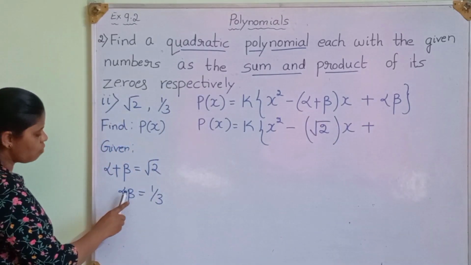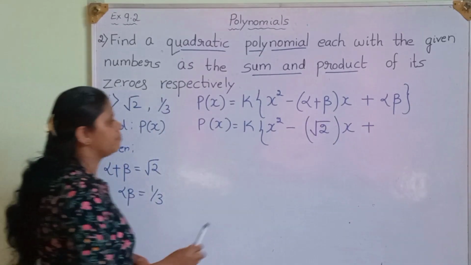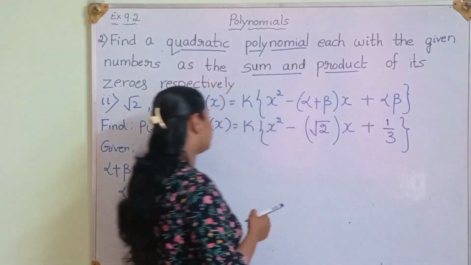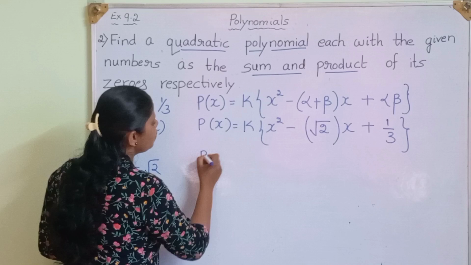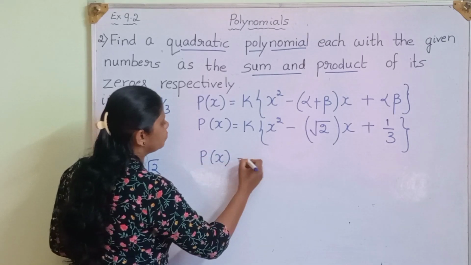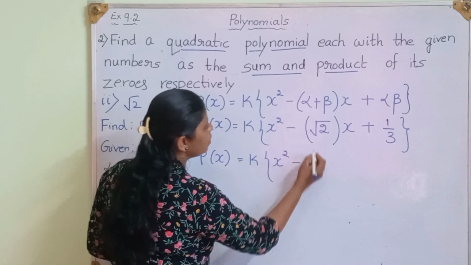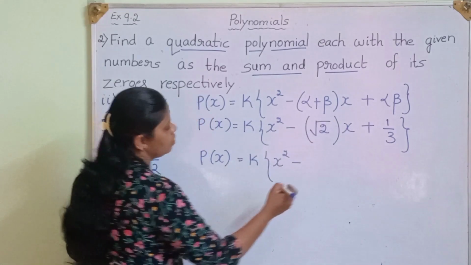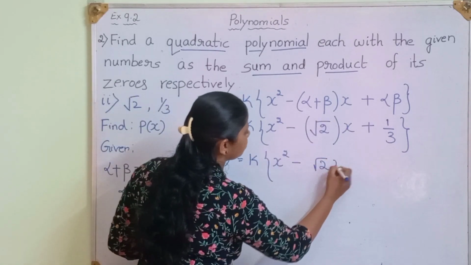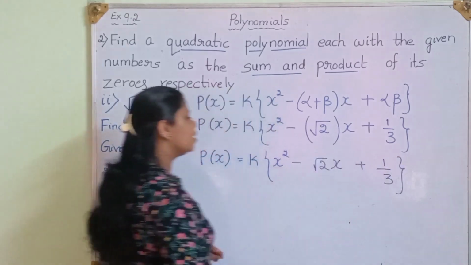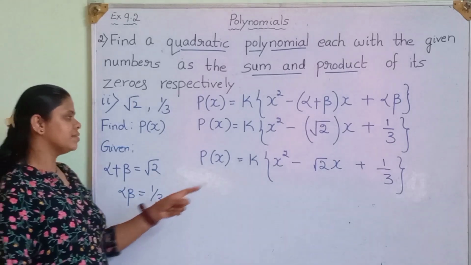That is, the value of alpha into beta is 1 by 3. P of x is equal to k into x square minus root 2 into x is root 2x plus 1 by 3. Okay.